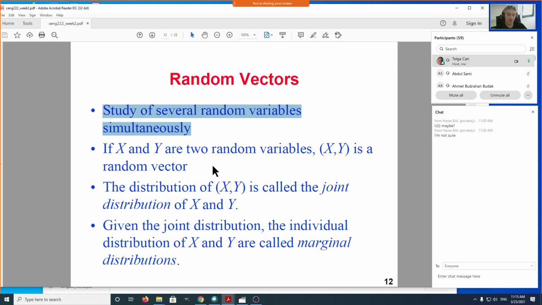What is the grade he got from the algorithms class? What is the likelihood he will do job applications abroad? Or whether he participates in a social club at ODTÜ. That's a feature. All these features that you collect for a student are different random variables. With that, you're analyzing another random variable, getting a position abroad at Google or some other company.